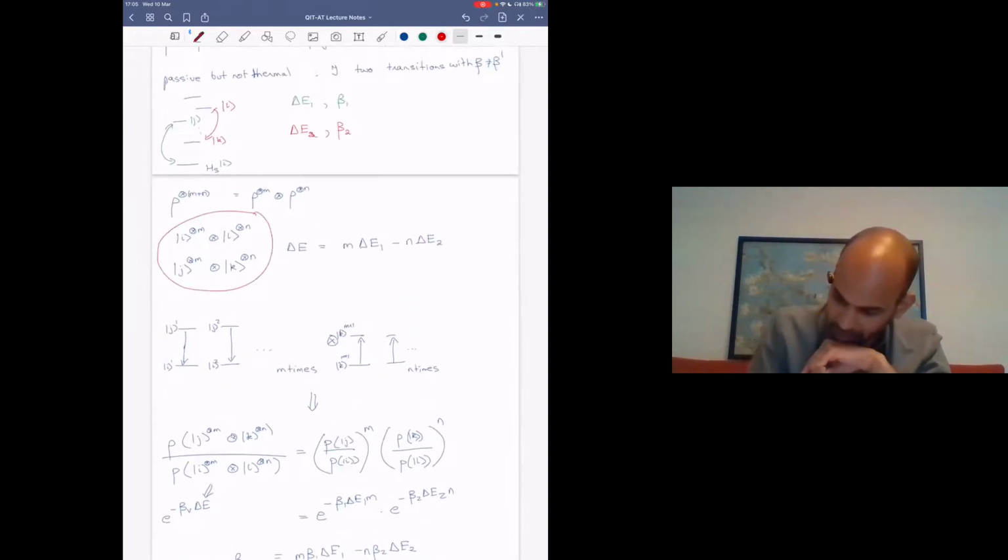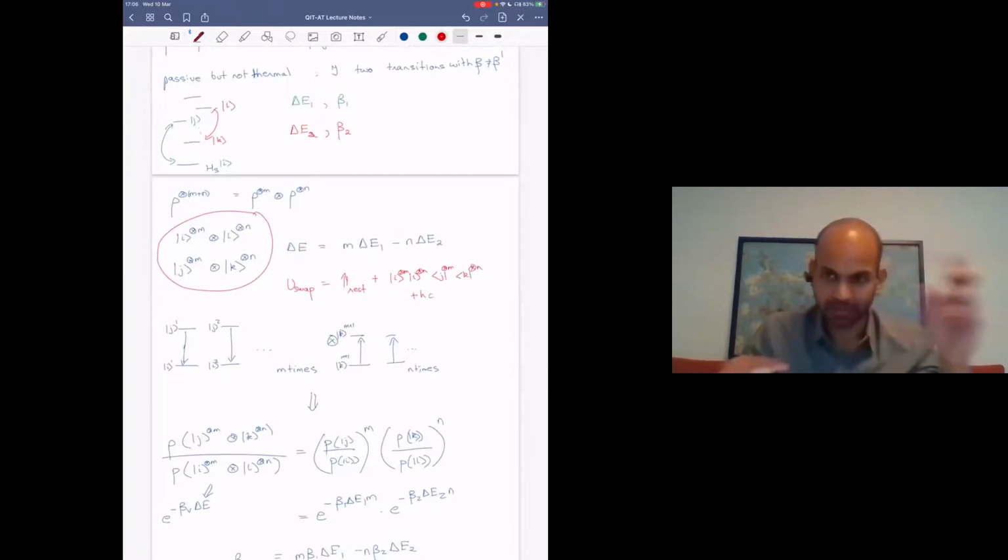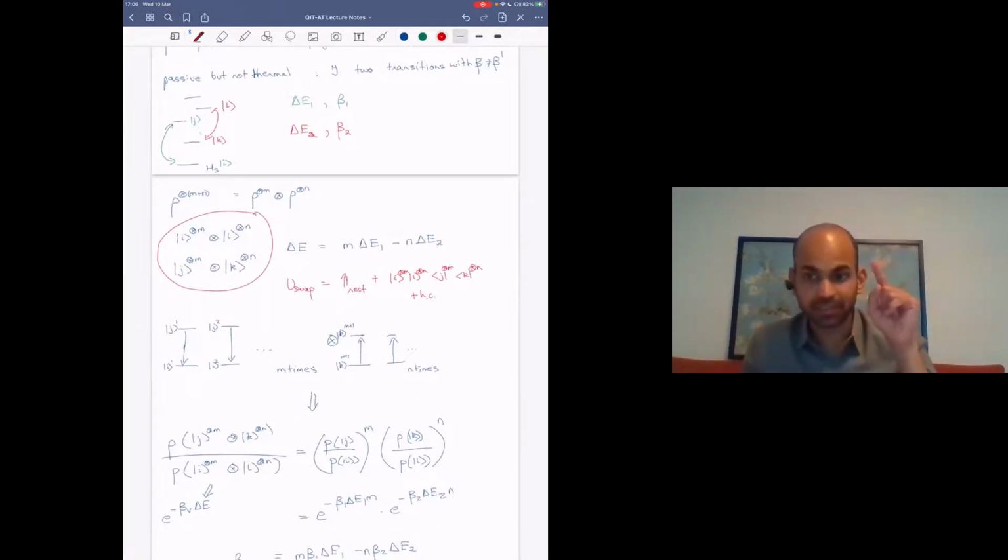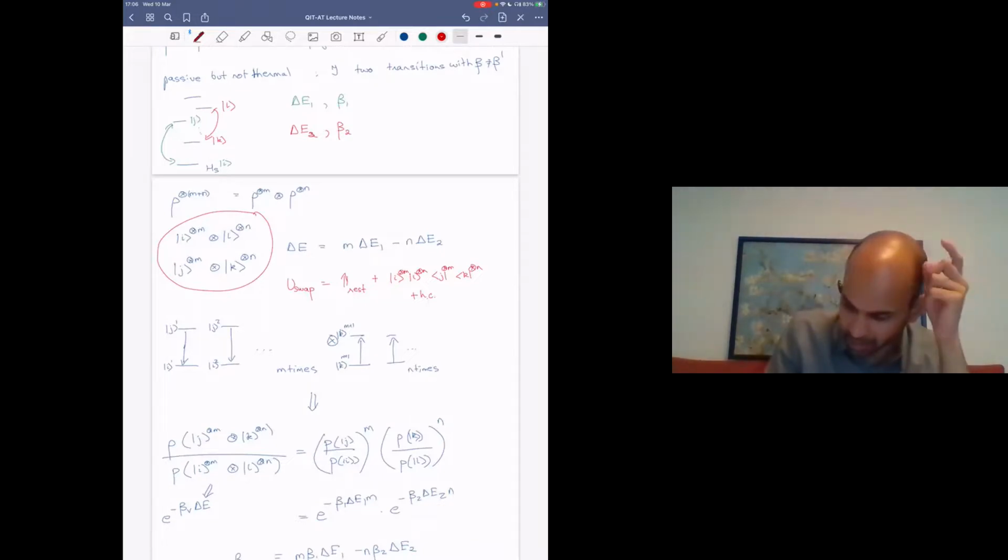So the unitary is going to be identity on the rest of all of the states in the joint state, plus these I tensor M, L tensor N with J tensor M, K tensor N, plus the Hermitian conjugate, which is these swapped together. So this is a single unitary operation that just swaps these two energy levels.